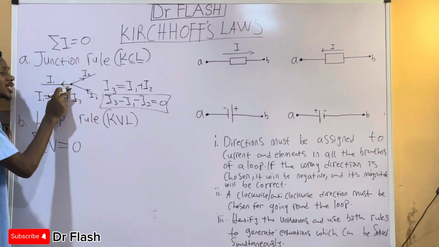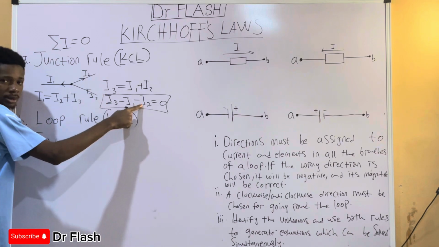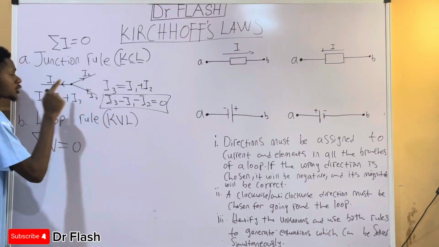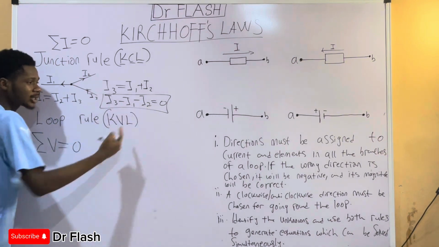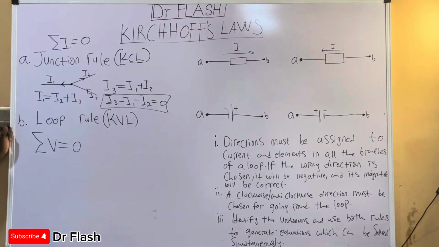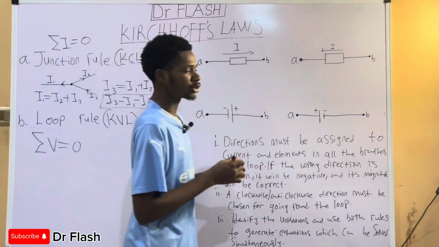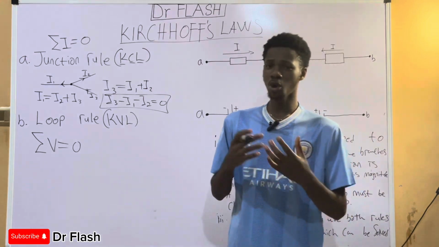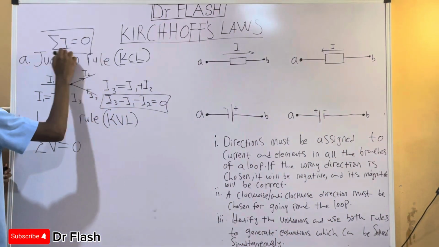So we are having I3 plus negative I2, which is the same as minus I2, plus negative I1, which is the same as minus I1, and that is equal to 0. So we can as well state the junction rule or KCL as: the algebraic sum of currents at a junction is equal to 0, which is what we are having here.